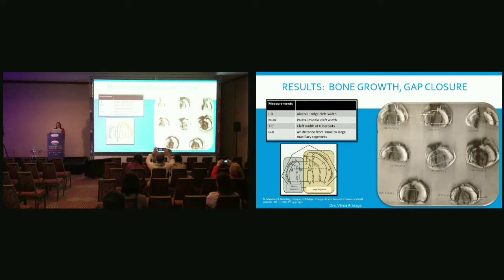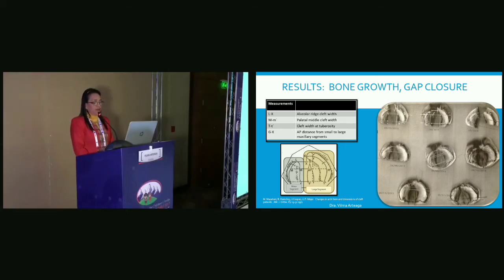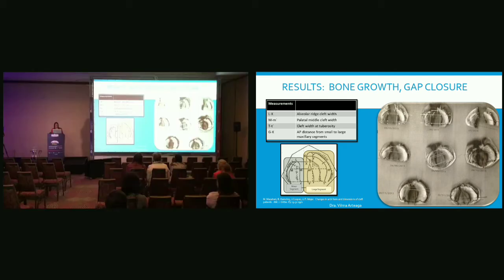The results, we measured the results following Dr. Masseri's protocol published in 1971. The functional maxillary orthopedic promotes and accompanies the maxillary bone growth in a 3D way. As we see in the table over there, LX means alveolar ridge cleft width.